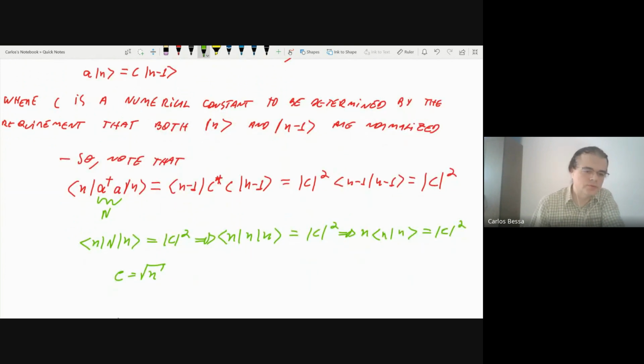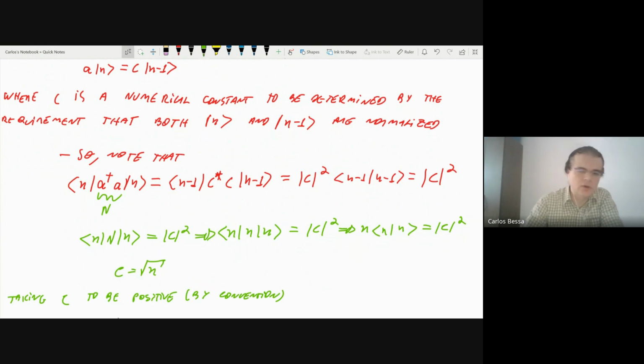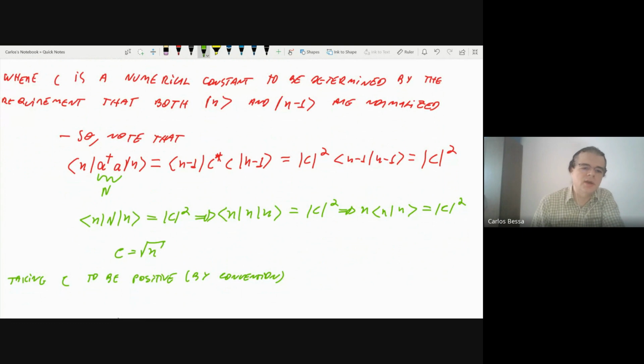So taking c positive by convention. And c is real because n is real, because this n is Hermitian.